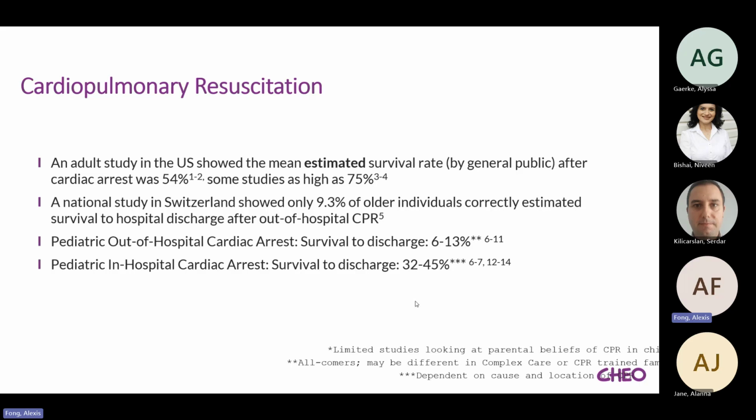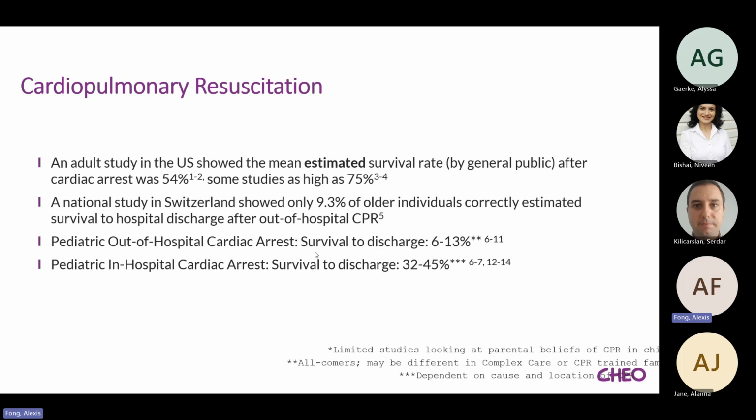In terms of cardiopulmonary resuscitation, I just wanted to quickly touch on some of the numbers and beliefs that our families have. There are a variety of things that we could talk about when it comes to advanced care planning, but I'll talk about the most invasive being intubation and CPR. Our families, and people in general, tend to have a much more optimistic outlook on CPR than what is actually accurate.